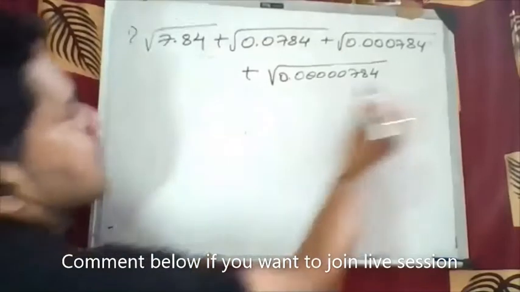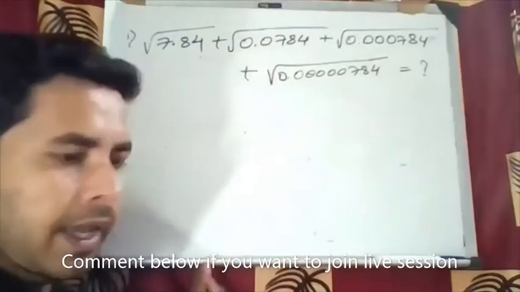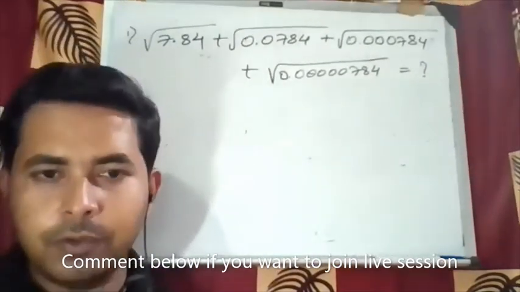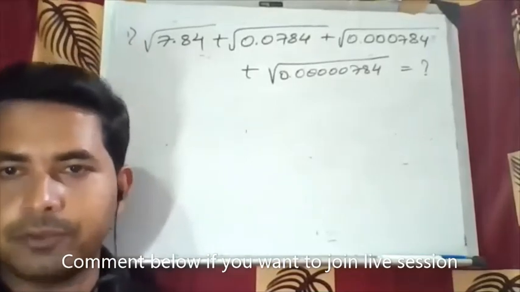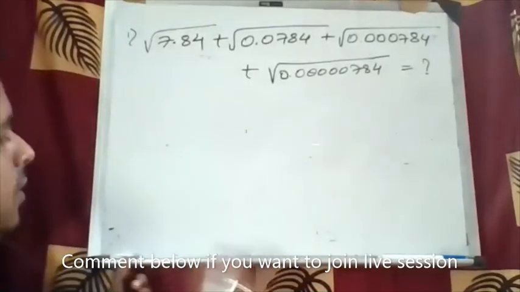So what will be the answer? First find out what will be the square root of 784. What will be the square root of 784?